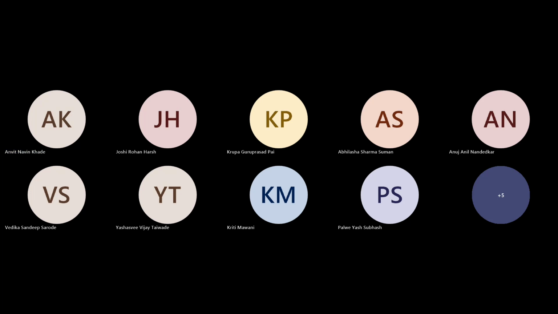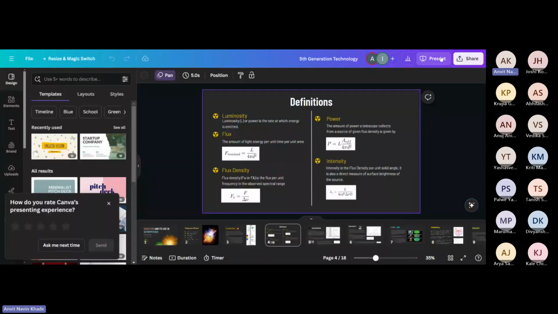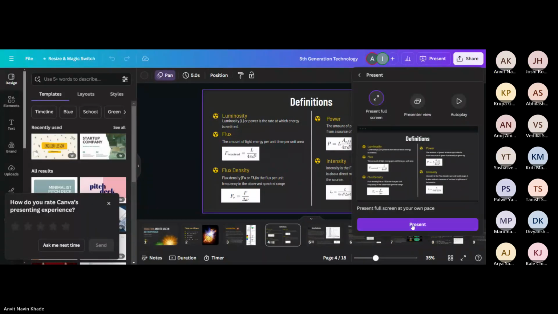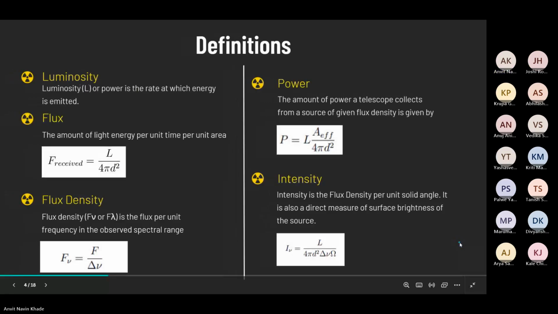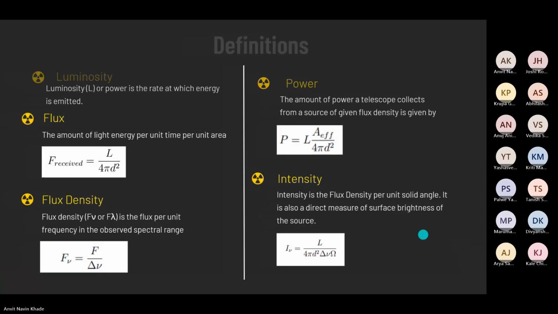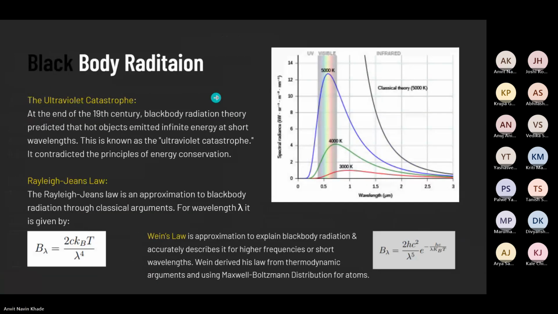Yes. So now we'll be learning a bit more about black body radiation. Yeah. So at the end of 19th century, scientists encountered a perplexing problem known as the ultraviolet catastrophe.